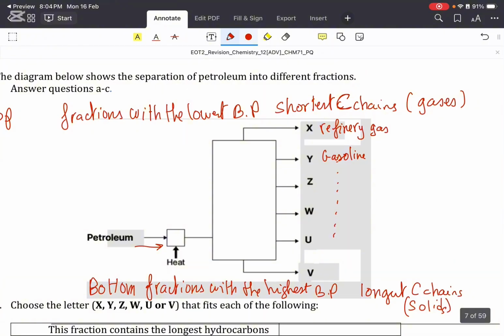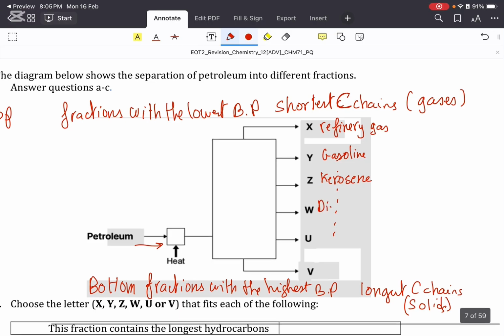Now here, the name of the fraction is kerosene or paraffin, if you want to call it. And this is the fuel used for airplanes, or oil for central heating, boilers, etc. W, the name of this fraction is diesel oil or gas oil. And it is used as a diesel fuel for buses, trains, some cars as well.